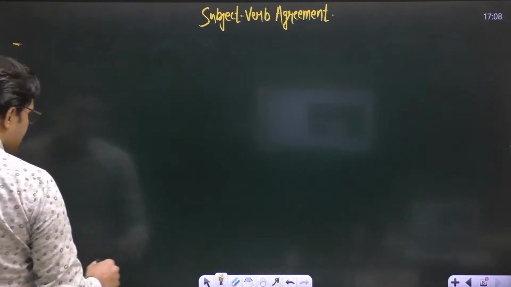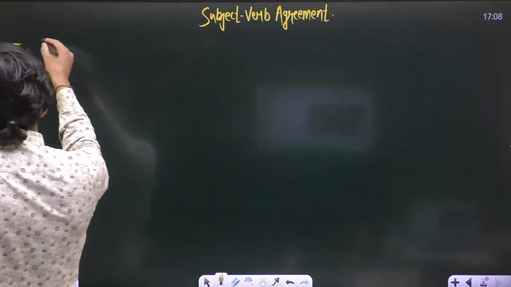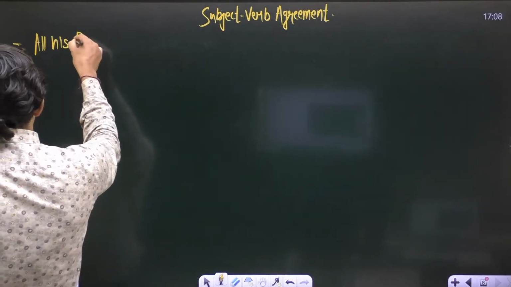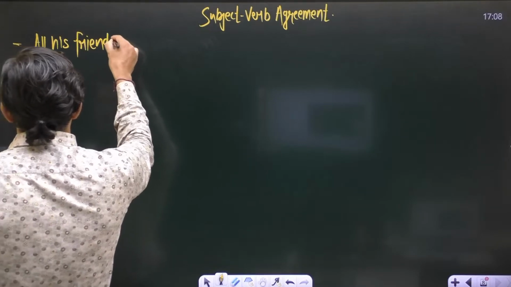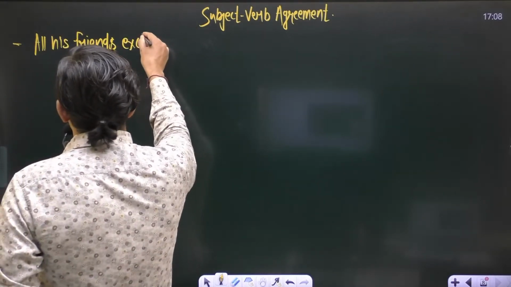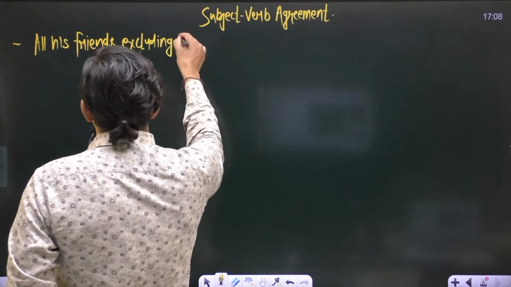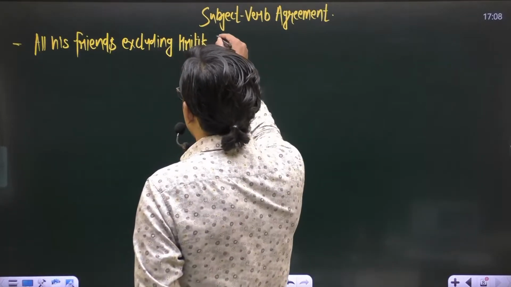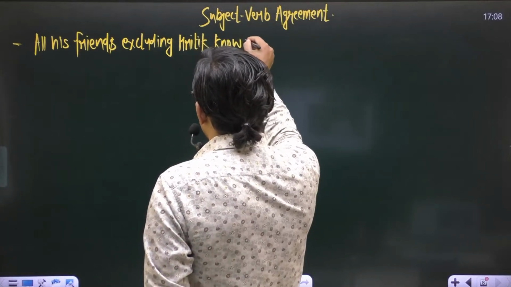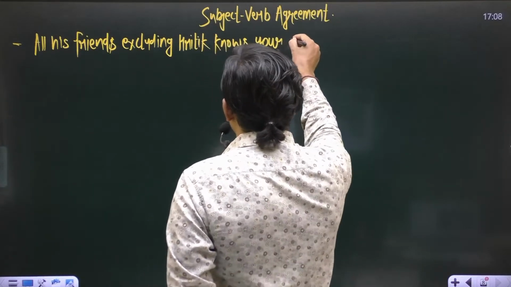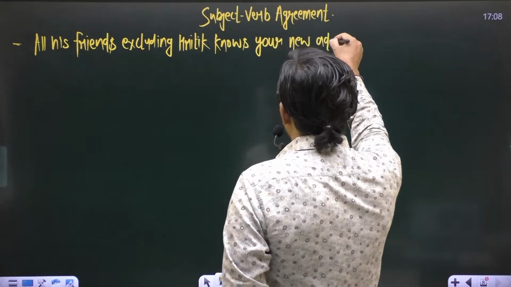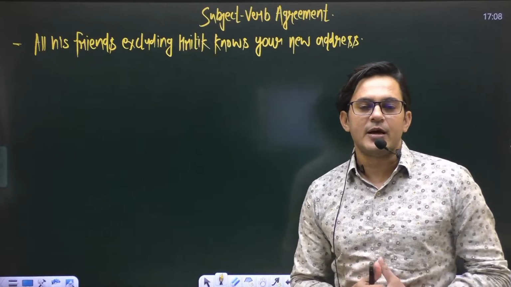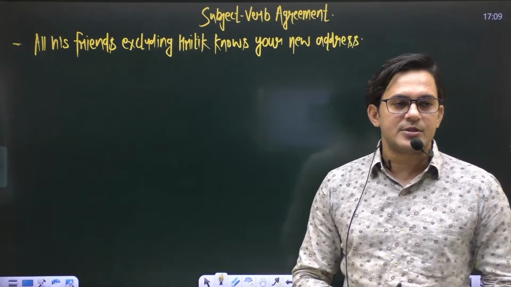First sentence you have, just suppose I say, all his friends excluding Ritik knows your new address. The sentence is: all his friends excluding Ritik knows your new address, right?